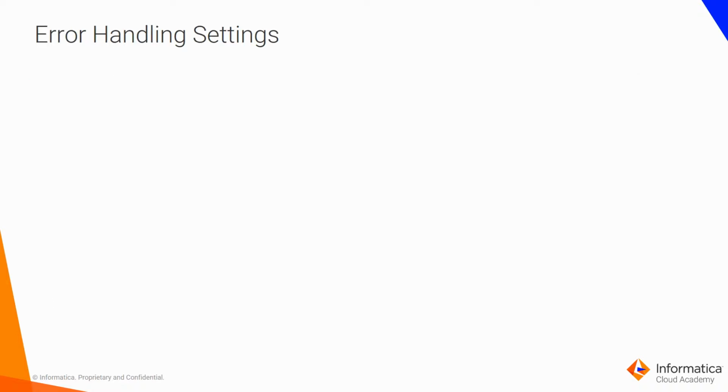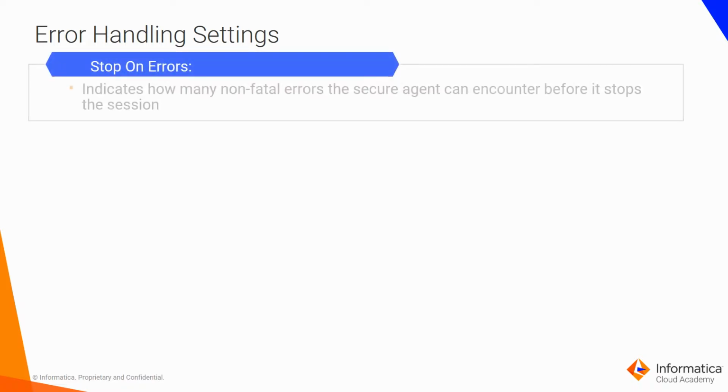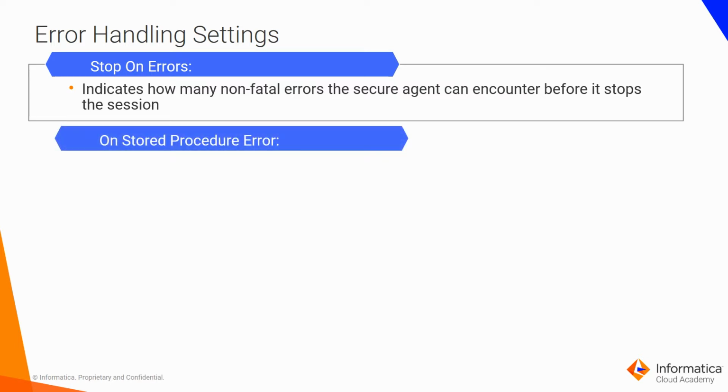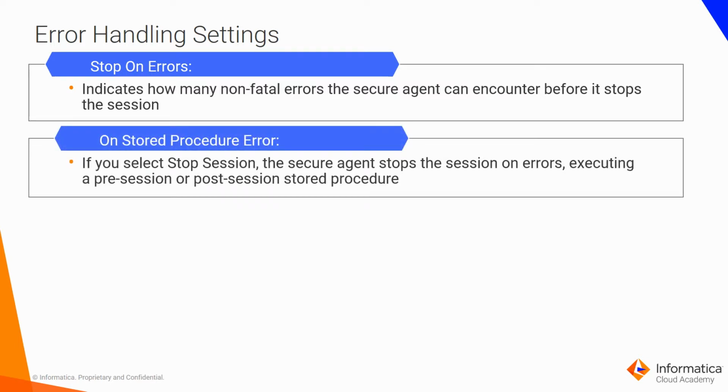Error handling settings. Here is a detail on what each property means. Stop on errors indicates how many non-fatal errors the integration service can encounter before it stops the session. On stored procedure error: if you select Stop Session, the integration service stops the session on errors executing a pre-session or post-session stored procedure.